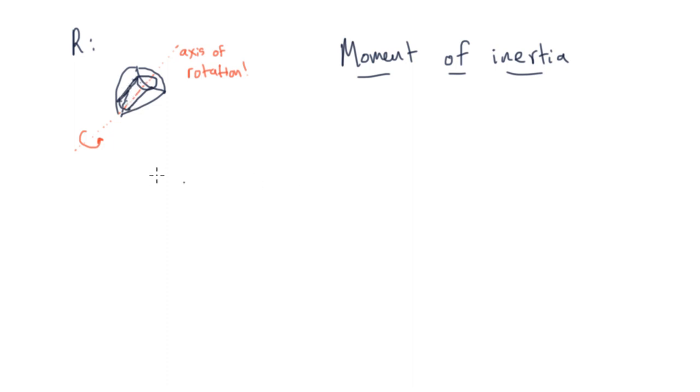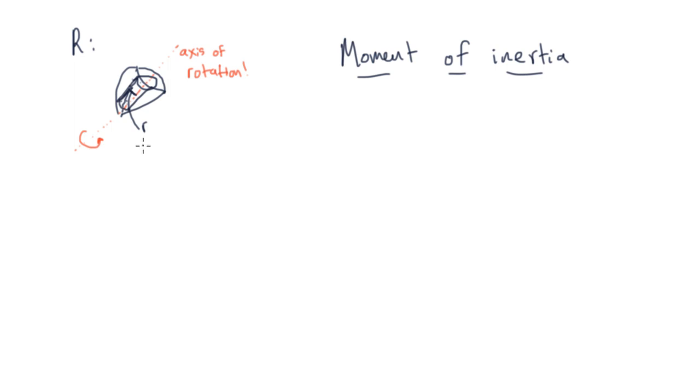So what we're going to do is define basically, however much mass is here, it has a distance that we'll call r.